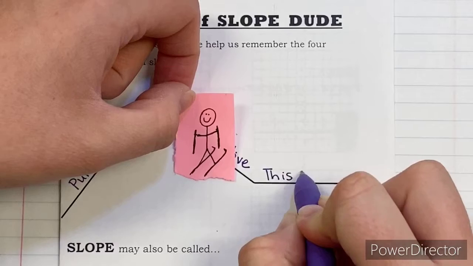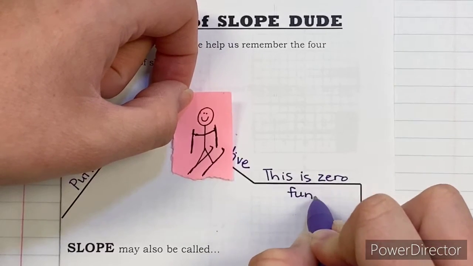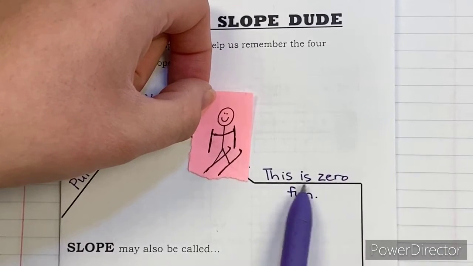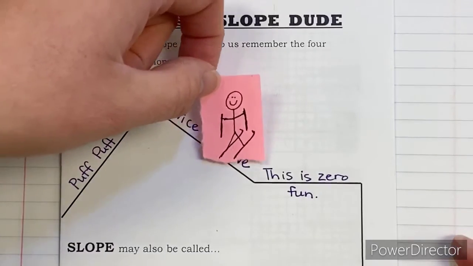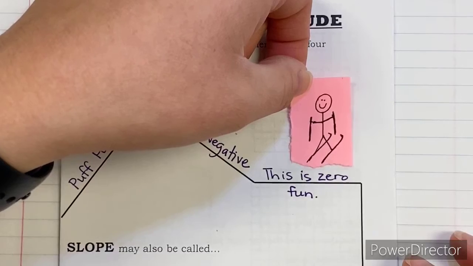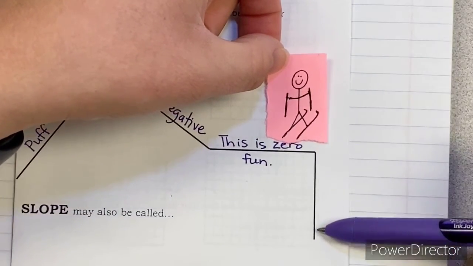He says, this is zero fun. If you've ever been skiing, you know this part of the ski trip is the worst when you have to move across flat land. In the video, he says, this is zero fun, as he goes across the flat land. Then he gets to the edge and he doesn't see this massive cliff right here.